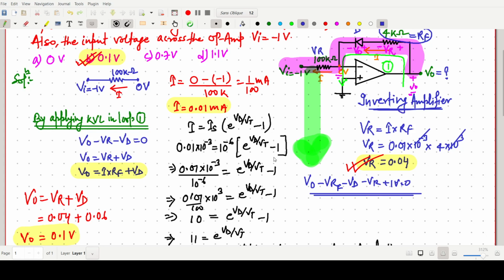So using that equation you can also find the value of VD. But this one will be the shorter one. This loop, just go to the ground and find out the value.